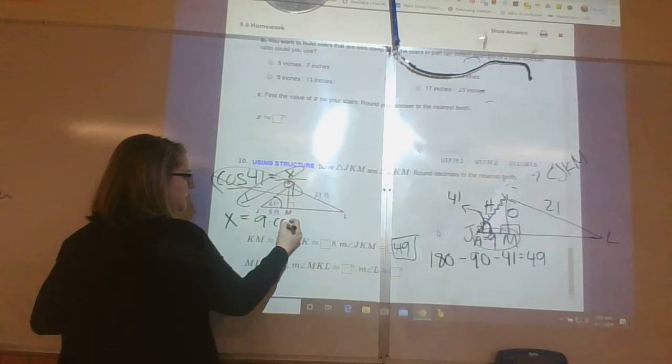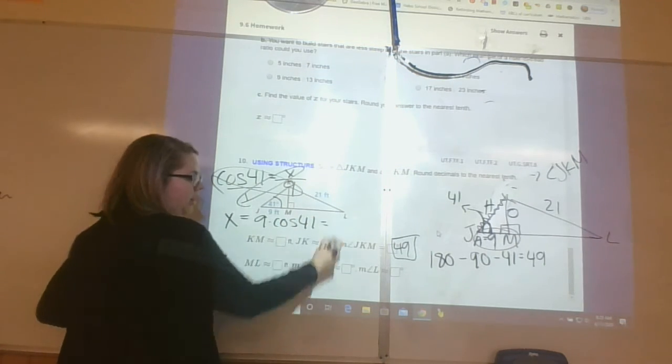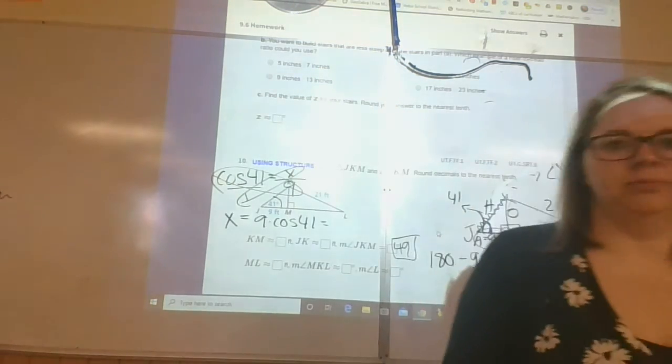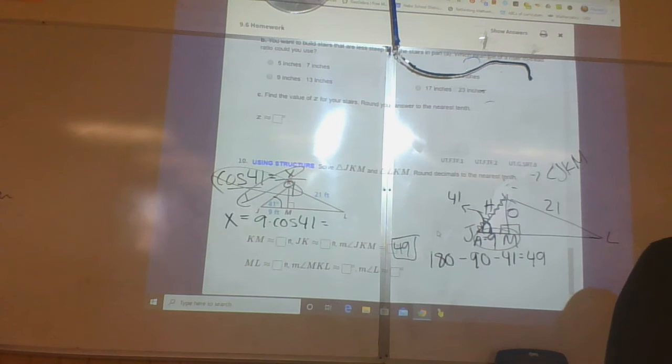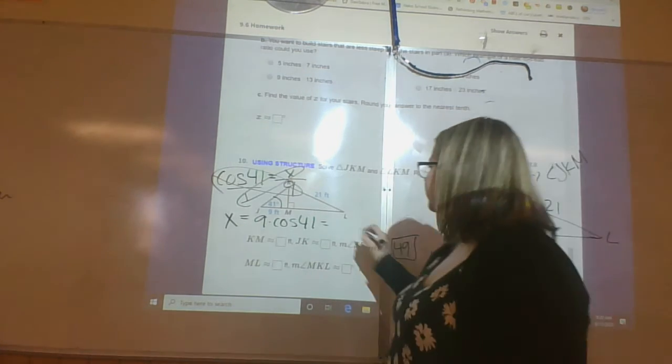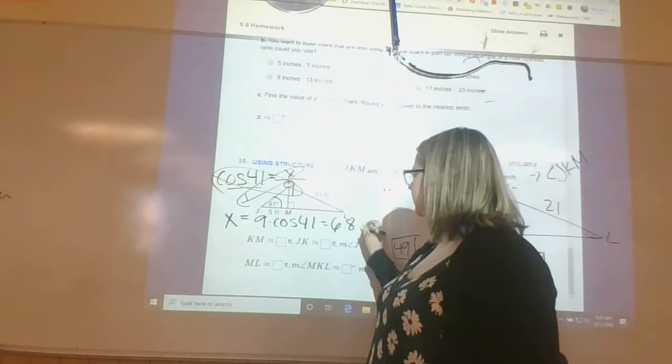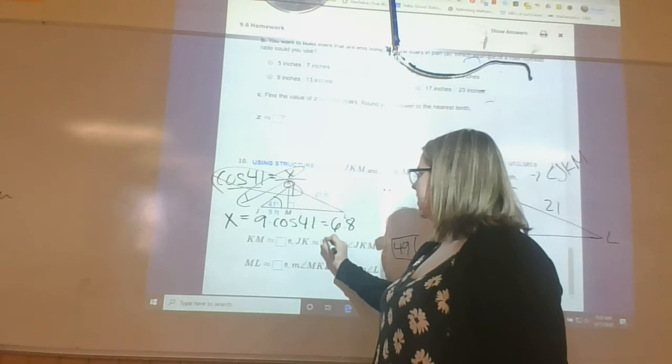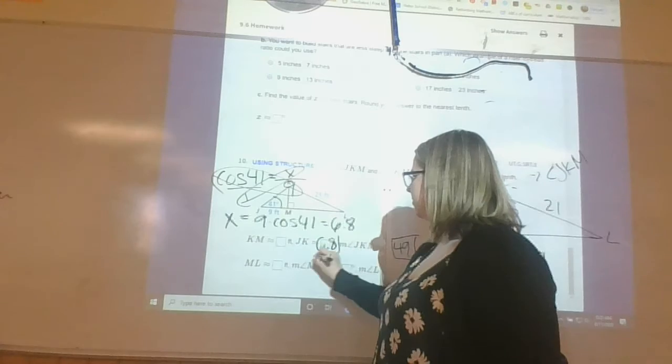I can just stick that in my calculator. 9 cosine 41. And I get 6.79. So nearest tenth, 6.8. So JK now is 6.8. We got that one.